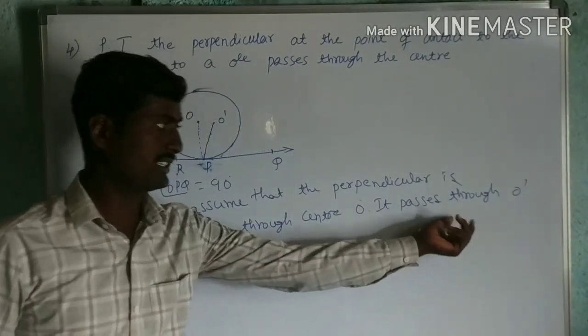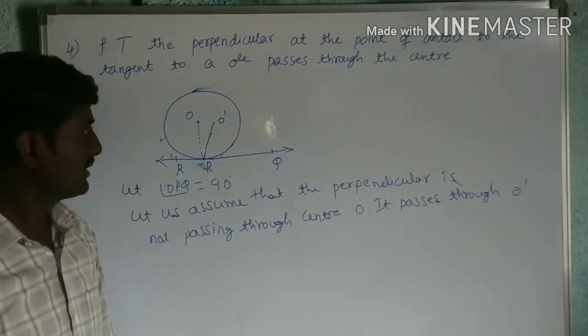Okay, we assumed it. This passes through the point O dash.